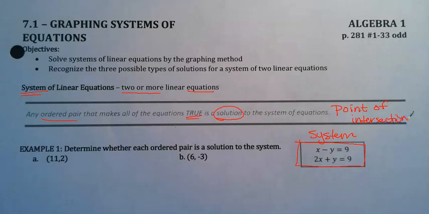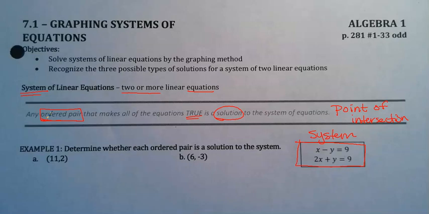Okay, so we're going to have some different options about where lines intersect, but you have to find the ordered pair where the 2 lines intersect, and that will be the solution to the system.